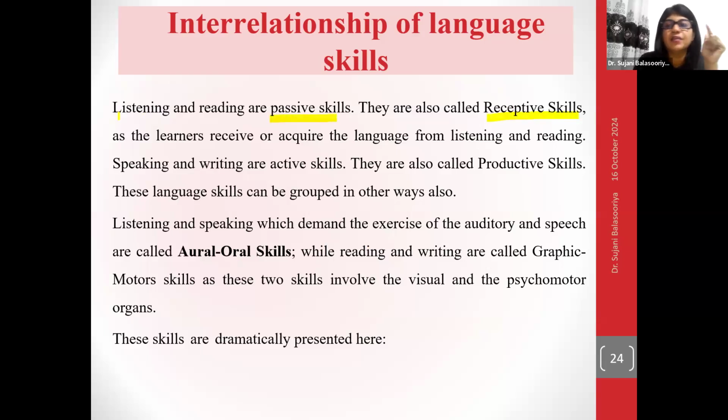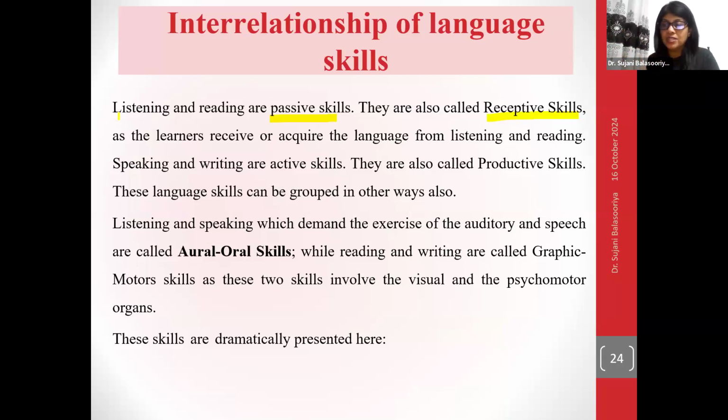They are listening and reading because you do not do anything there, right? In the sense, you do not produce anything on your part. Instead, you get things from outside. You receive something. That is why we call them receptive or passive skills. While listening, just like what you all are doing now, you listen to the sounds and try to decode the message inside your brain, try to understand, and then try to interpret, right?